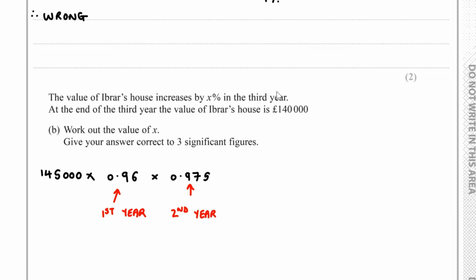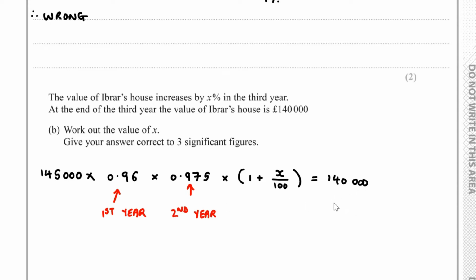And then in the third year, it increases by X%. So we're going to multiply by 1 plus X over 100. So this is the amount in the third year. And the end result is 140,000. Okay?